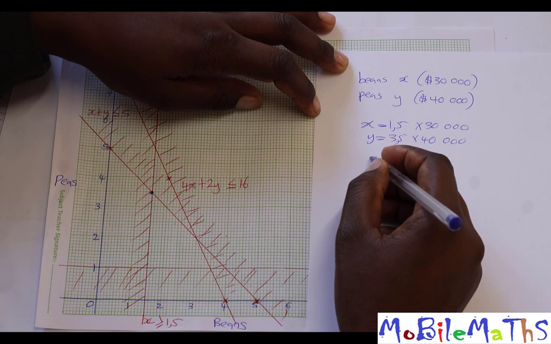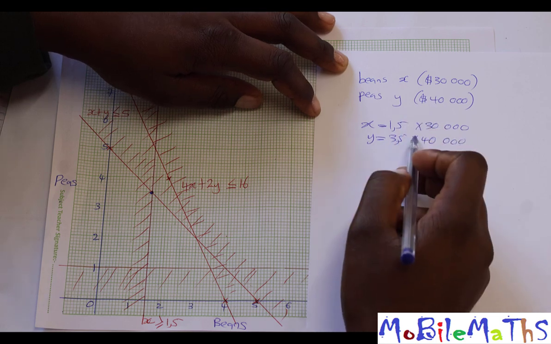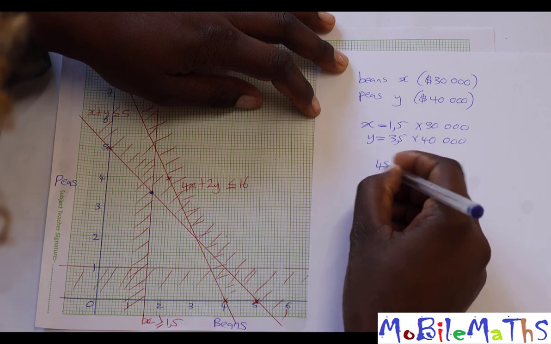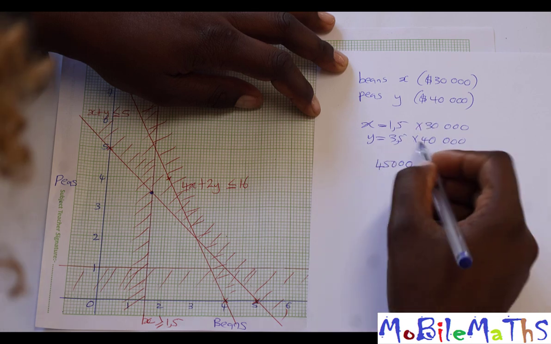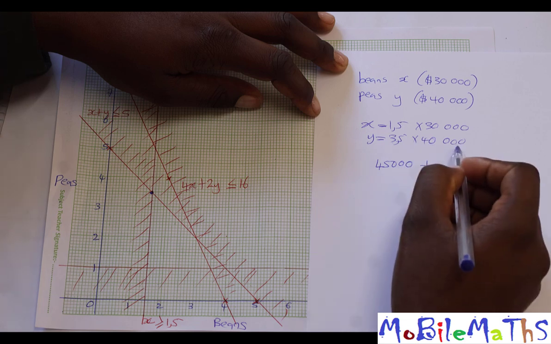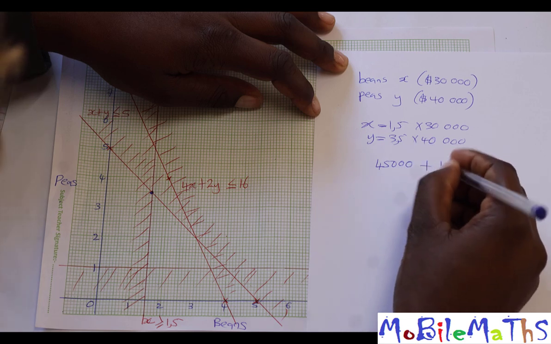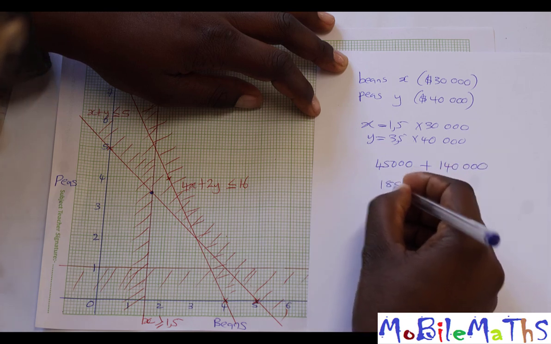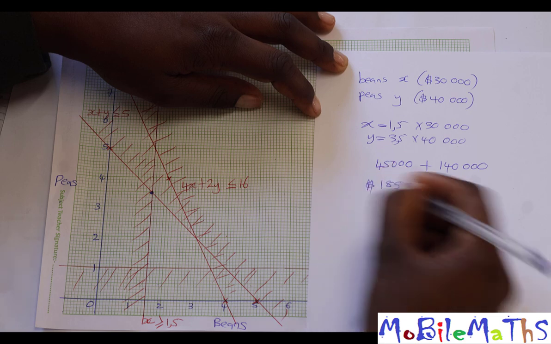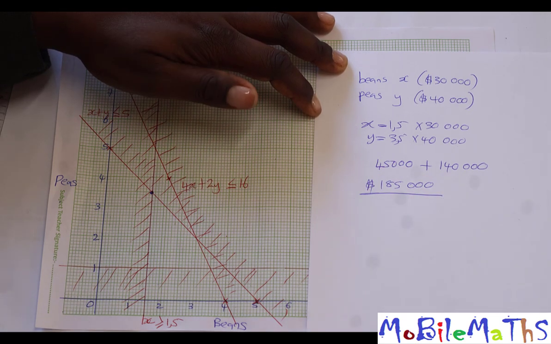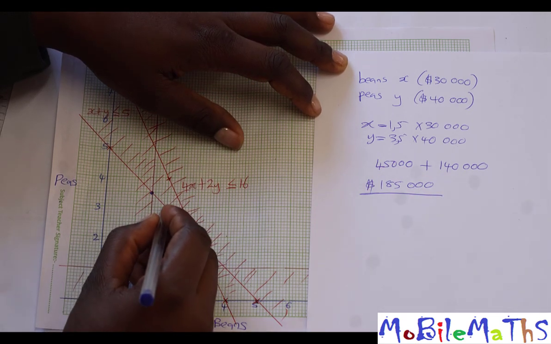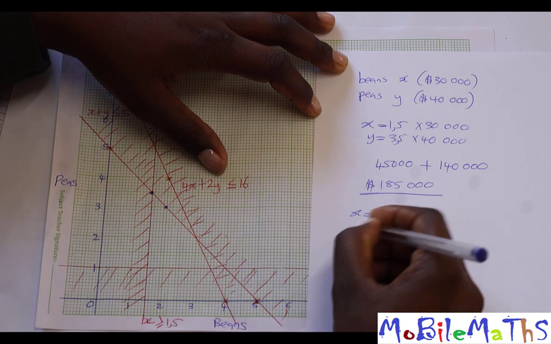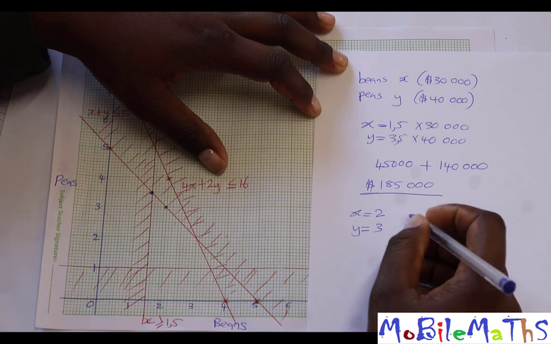So if I multiply here, 1.5 by 30,000, that's 45,000, plus 3.5 by 40,000, that's 140,000. Adding this will give me $185,000. Okay, then if you want to try, you can check another point like this one. I have x equal to 2, y equal to 3.